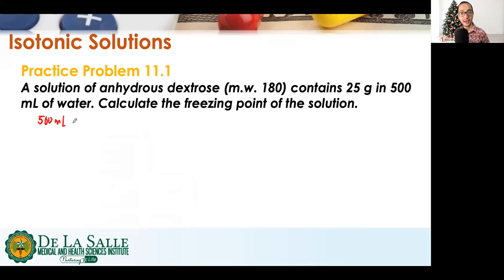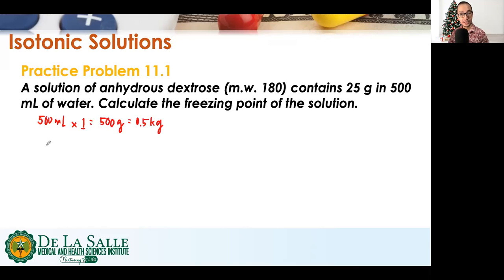Now remember that the density of water is 1 gram per mL, so we can multiply it by the density or the specific gravity of water, which is equal to 1. So the quantity of the solvent that is used in preparing the solution is 500 grams, which is equivalent to 0.5 kilogram.